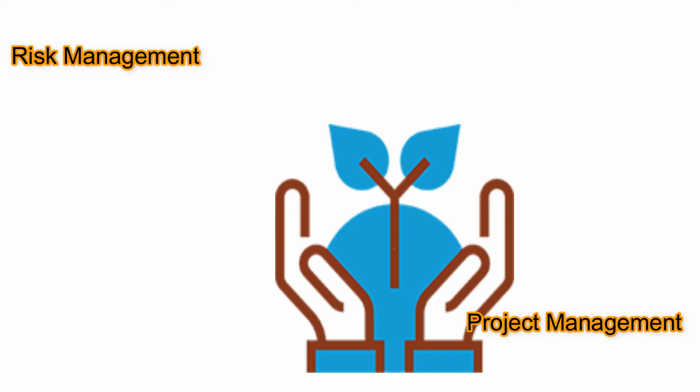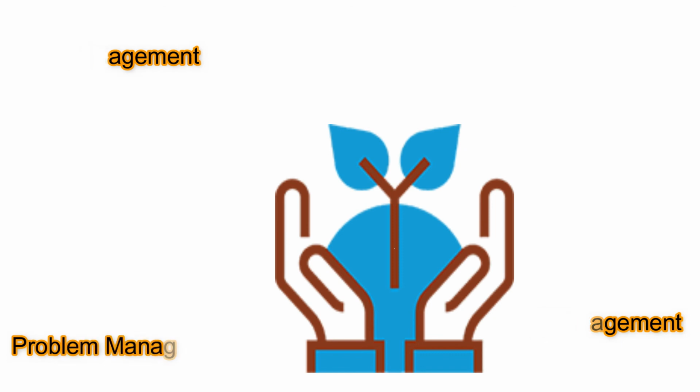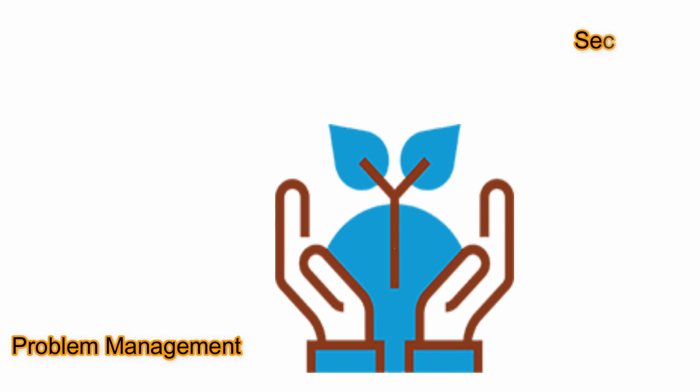Sometimes a change to a system can give rise to an unknown issue that needs to be managed under the problem management space. And for some organizations such as banks and government agencies that place high importance on security, change management correlates with how security is practiced in an organization as well.